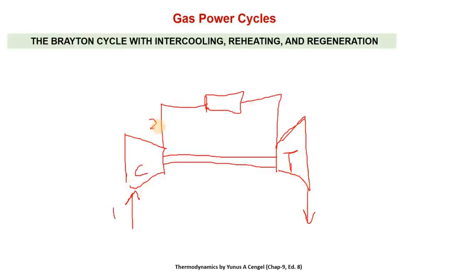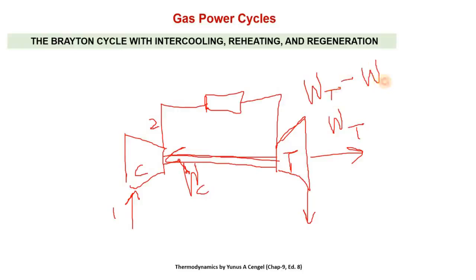So the 1 to 2 process is the compression process, and we know that a major portion of the work output of this turbine is actually reused here to drive this compressor. So WC is the work of the compressor, and WT is the work of the turbine, the total work output of the turbine. WT minus WC is the net work output, W net out, which is used to produce electricity.